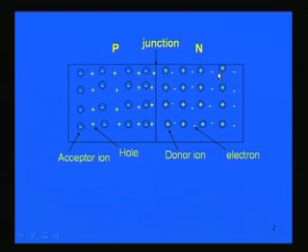So, now we have holes as majority carriers in the p-type and electrons as majority carriers in n-type, along with the ions, acceptor ions on the p side and donor ions on the n side, which are negatively and positively charged respectively. Now, there will be a concentration gradient of holes from p to n side as well as a concentration gradient of electrons from n to p side.